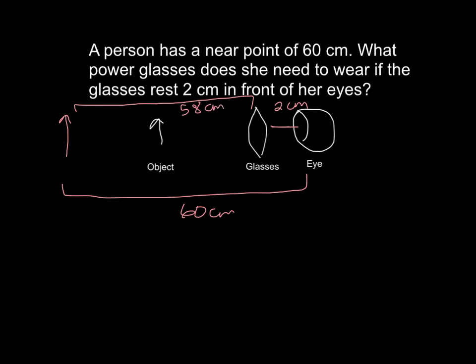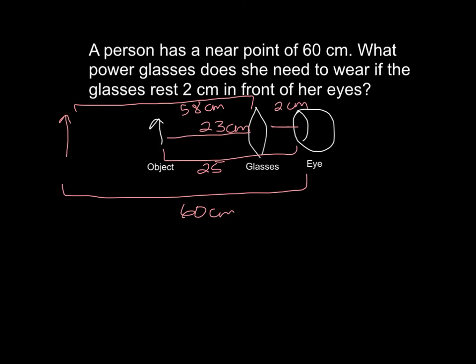If I did that too fast, just rewind and listen to it again. She still wants to be able to hold the book at the same spot. So the object is going to be 25 centimeters in front of her eye, which puts it 23 centimeters in front of the glasses, because it's the glasses that are making the image.